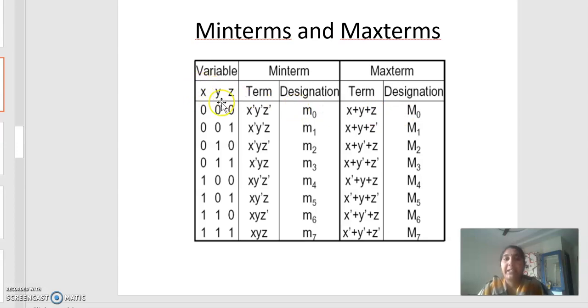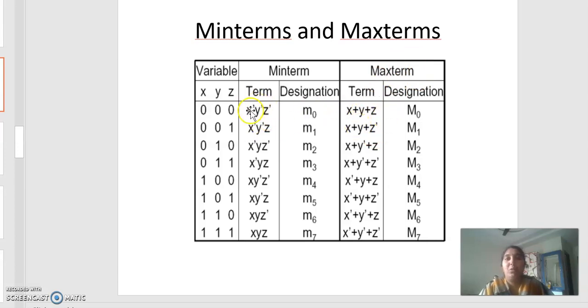Since we have considered three variables, we will get 2 power 3, that is 8 combinations. And the 8 combinations are 0 0 0, 0 0 1, 0 1 0, 0 1 1, 1 0 0, 1 0 1, 1 1 0, and 1 1 1. And always the minterms represent the product terms and the maxterms represent the sum terms.